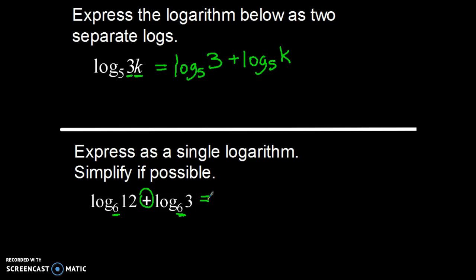So I can turn this into log base 6 of 12 times 3. Of course, 12 times 3 is 36, so this is log base 6 of 36, and log base 6 of 36 is just 2. Because remember, this asks the question, 6 raised to what power gives you 36?